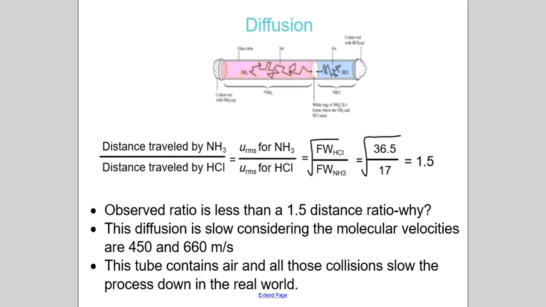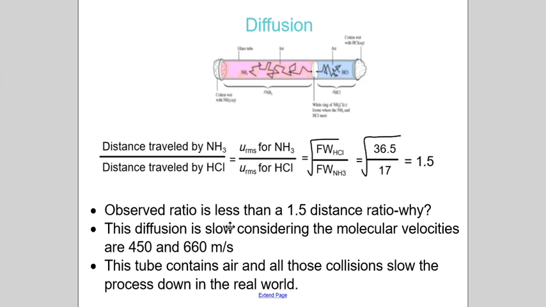Okay, so diffusion, this is where that root mean square thing comes in a little bit. It also has a similar relationship. So the distance traveled by one gas divided by the distance traveled by the other gas will still give you a similar inverse relationship with the formula weights. Which makes sense. Lighter gases should diffuse faster than heavier gases.